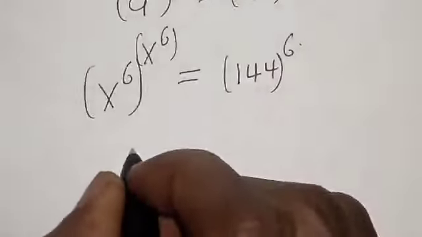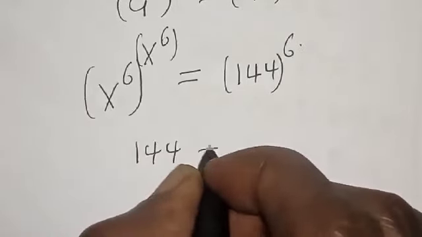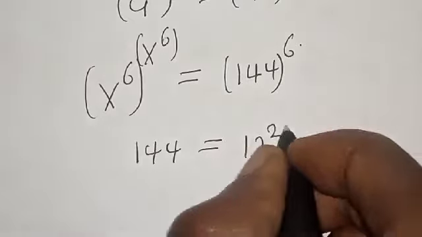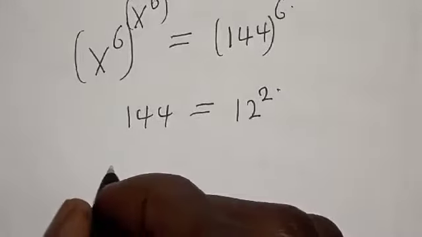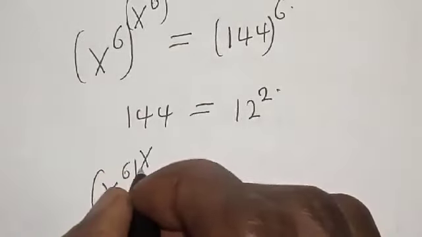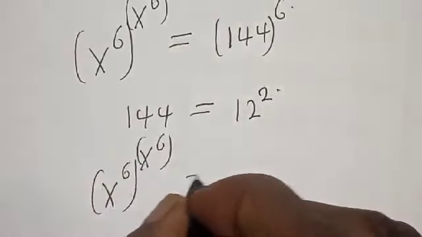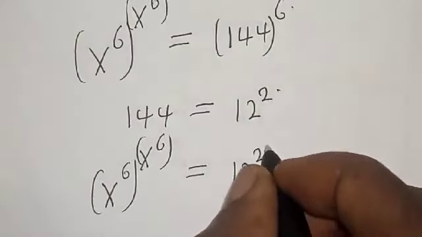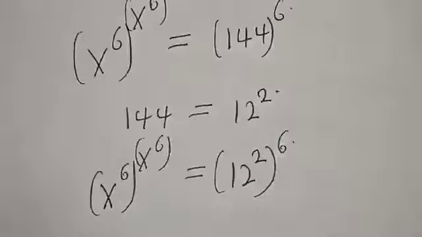Now remember that 144 is equal to 12 square. Then x raised to power of 6 raised to power of x raised to power of 6 is equal to 12 square raised to power 6.